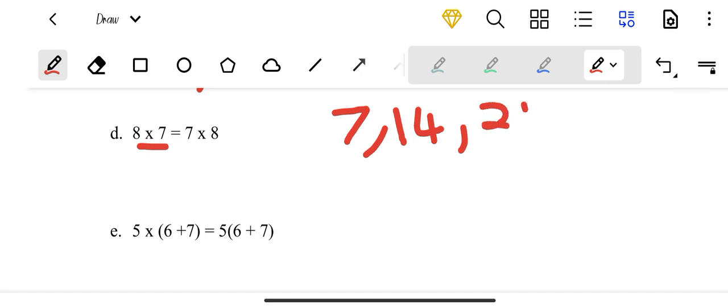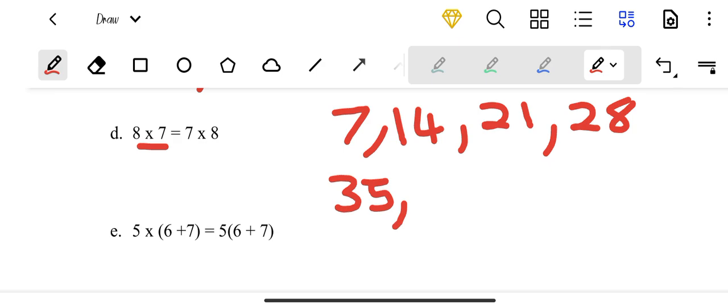Let me see. Yes, it's 21. Another one we have 28. Another one 35. Another one is going to be 42.